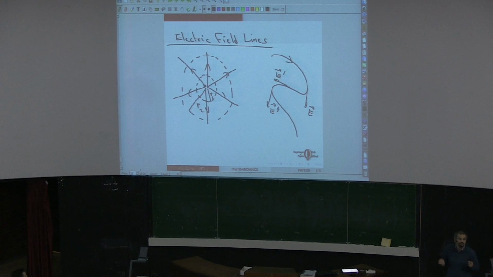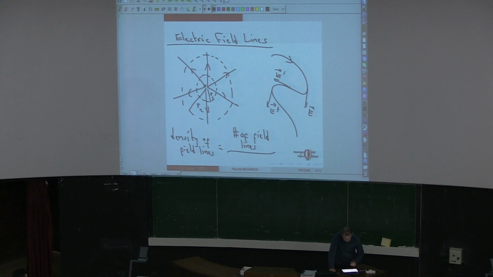The density of field lines, that is the number of field lines per unit area. Well, the number is constant. Density of field lines is equal to number of field lines divided by the area.